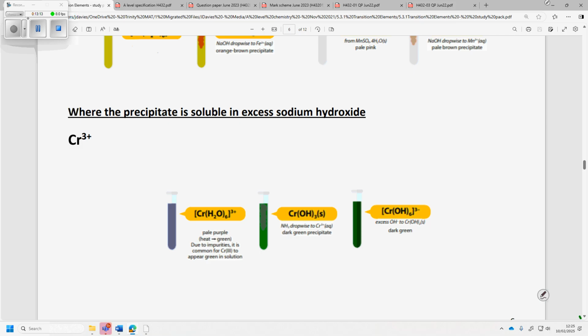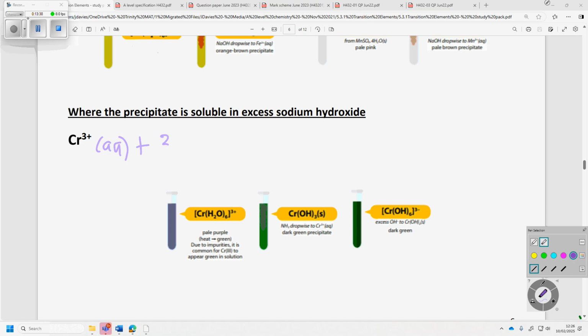When we add drops of hydroxide, so a small amount of sodium hydroxide, we're going to get a dark green precipitate. So our chromium hexaqua, we're going to add 3 lots of hydroxide, and we get this dark green precipitate.